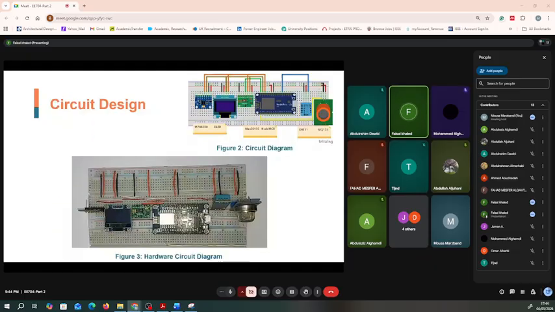That's the circuit design we used in our project for all the components. You can see the circuit diagram with the MQ135, the H11, the MAX30100, the LCD screen, and the MPU.